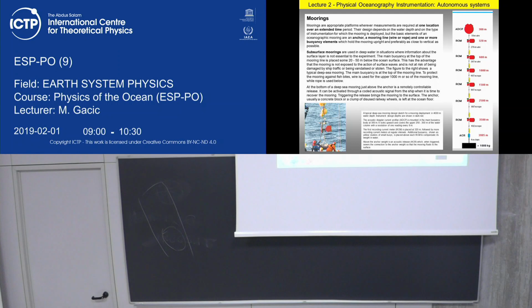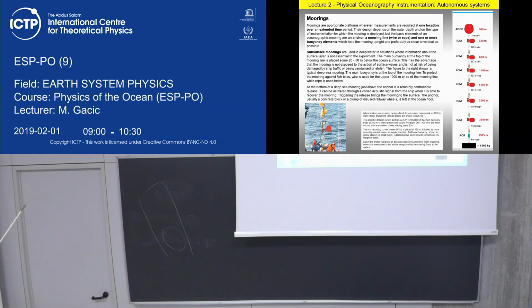What is important is the first 1,000 meters of water column. So the measurements there should be concentrated in this area here. If we are going to study the vertical convection, then the measurements have to be done all the way down from the surface to the bottom.